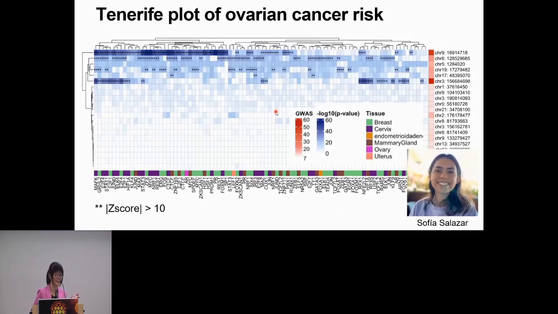That's an excellent question. What we do is we think of one GWAS, right? Ovarian cancer has 30 loci. With breast cancer, maybe you have a couple hundred. So we fine-map. What's the most likely causal SNP?